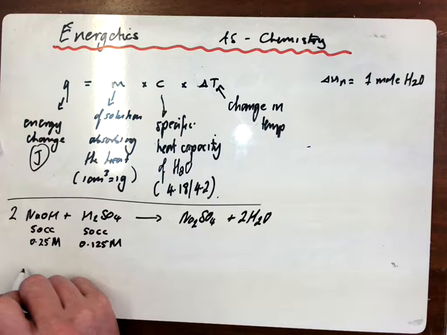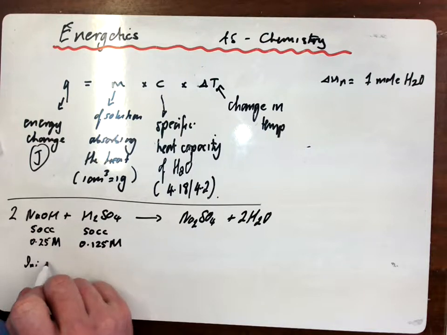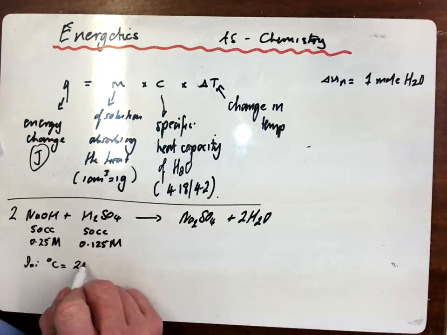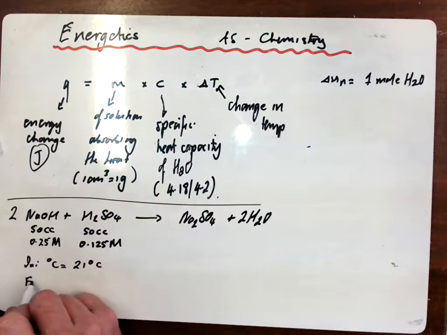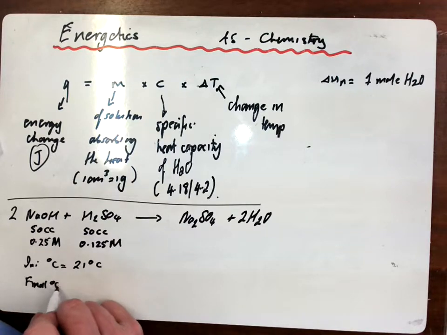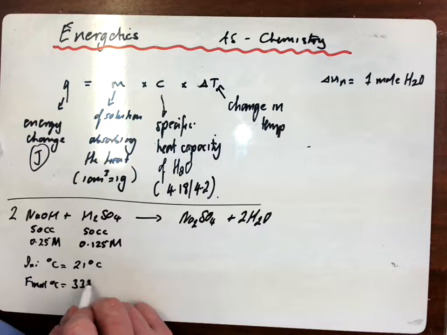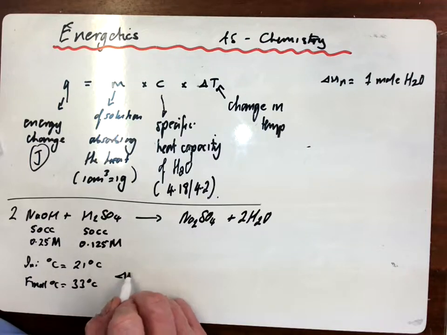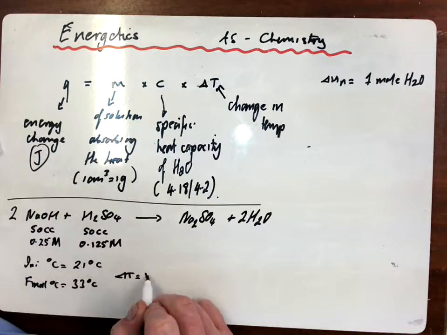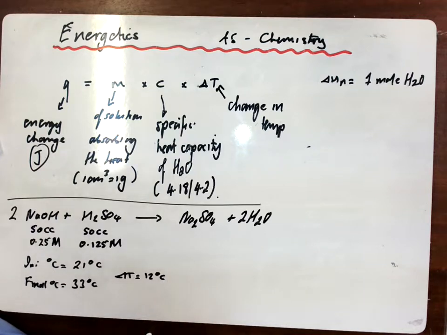Okay, we'll say our initial temperature was 21 degrees and our final temperature was 33 degrees, giving us of course a delta T of 12 degrees.